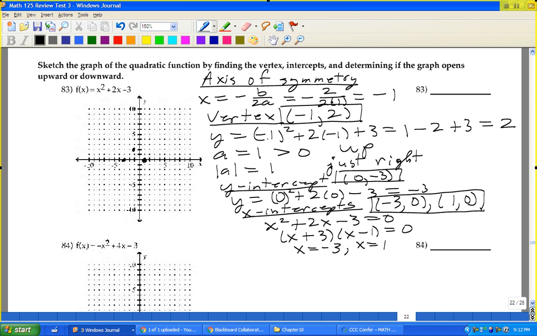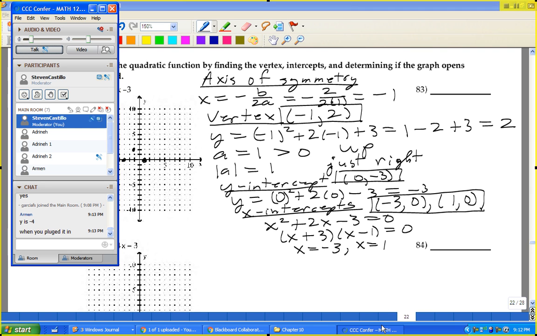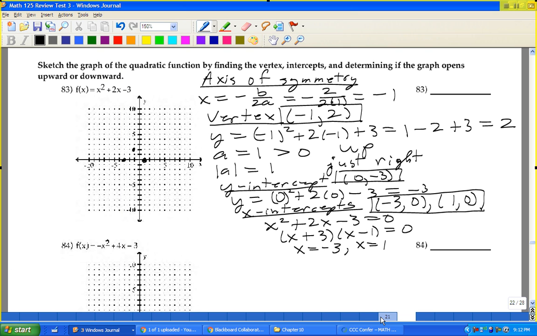Negative 1 squared is 1. Okay. Y is negative 4. I know, so... But what? Oh, I see. I see the error. I put a plus 3. It's a minus 3. That makes more sense.